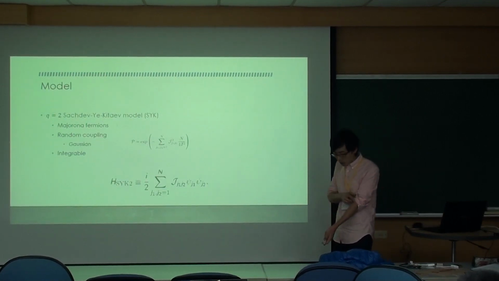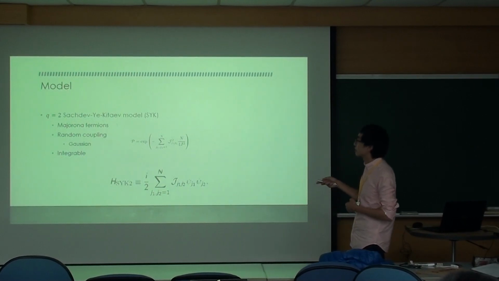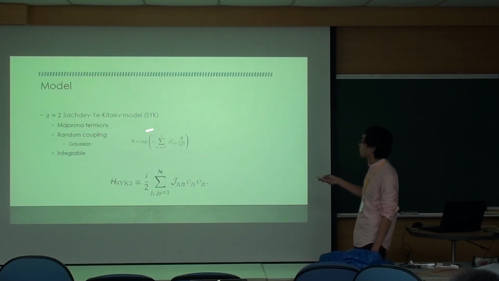This is the model that we study in our paper, which is q equal to 2. It is simply bilinear in fermions in the Hamiltonian, and this is the Gaussian distribution that we sample our coupling constant from. So this is the simple form of the Hamiltonian.